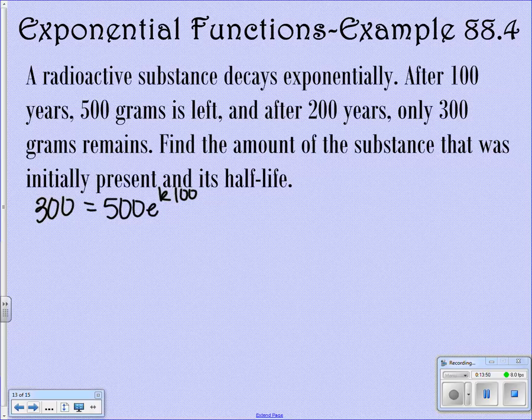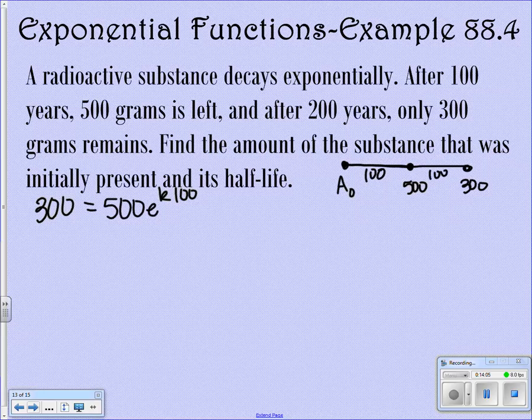Because after 100 years, we had 500. So this is time 0. We have the initial amount. And then 100 years, we have 500. And then after 200 years total, we're down to 300. Okay? And it's an exponential decay. So we're going to have something that we started with as more than 500. So that's where that 100 comes from. We're not using 200 because that was from the very, very beginning time.